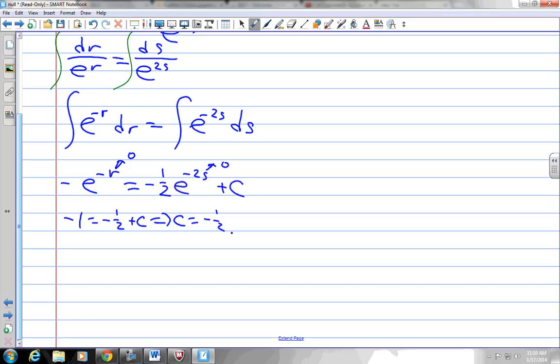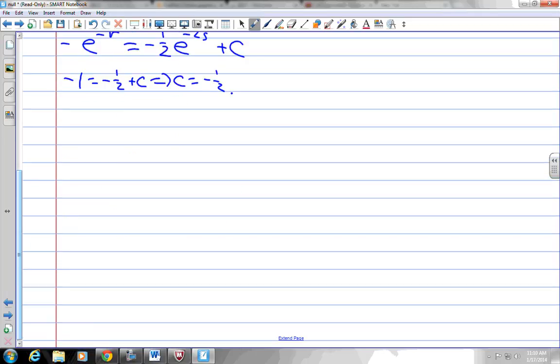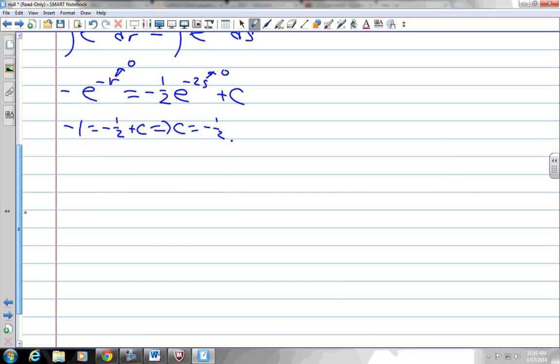All those negatives will eventually go away. So if we get rid of all the negatives, it's e to the negative r equals 1/2 e to the negative 2s plus 1/2. Right? Negative r, that's right.